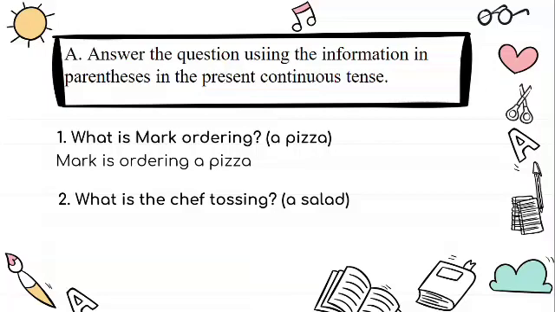Okay, so first, now we are talking about the chef, right? So we have to write the subject, it is the chef, and then the verb to be is, then the verb with ing form, and then the complement, a salad. So the chef is tossing a salad. Okay, that's the answer.